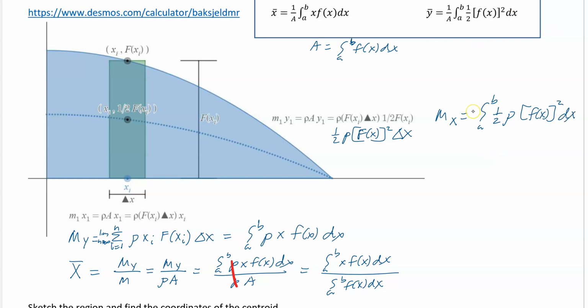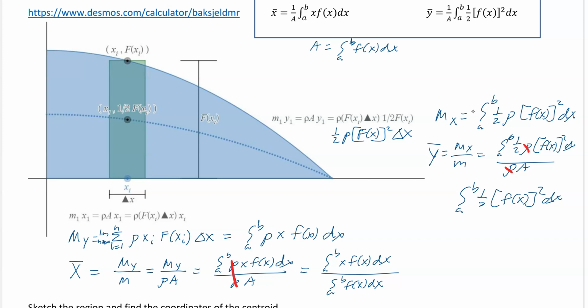And then to find our y bar, it's going to be Mx over our mass, all of the masses added up. So this would become, again, Mx, the integral from a to b of 1/2 rho f of x squared dx over rho A. And you can see again, it cancels, giving us the integral from a to b of 1/2 f of x squared dx all over A. And so this gives us our formula there, just like before.